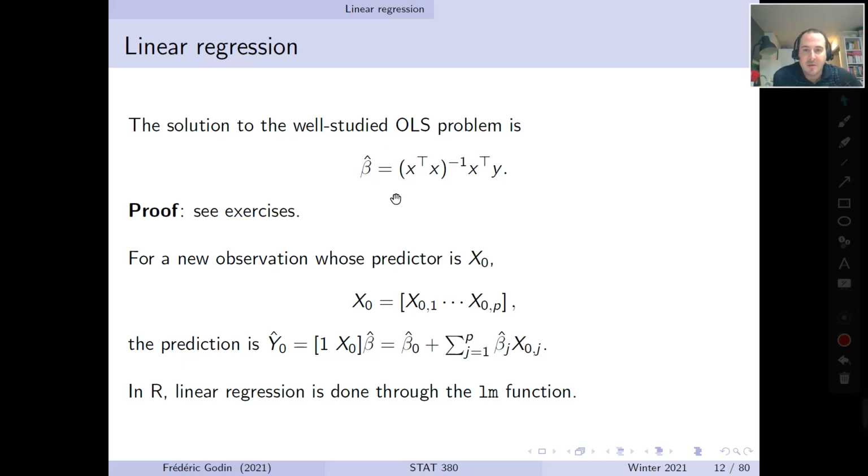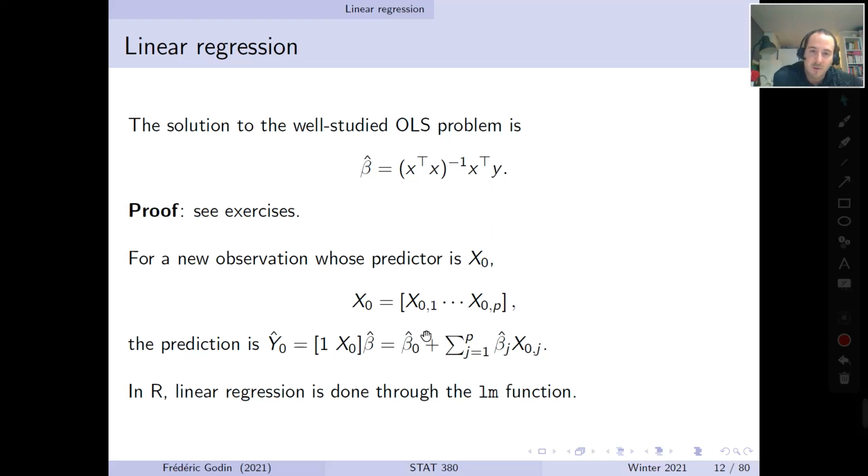Okay, so now this gives us the parameter estimates obtained from a training set, our original data set. So if there's a new observation whose predictor is x0, where x0 is a vector which contains x01 until x0p, all the predictors of the new observation, then the prediction can be formed as follows.